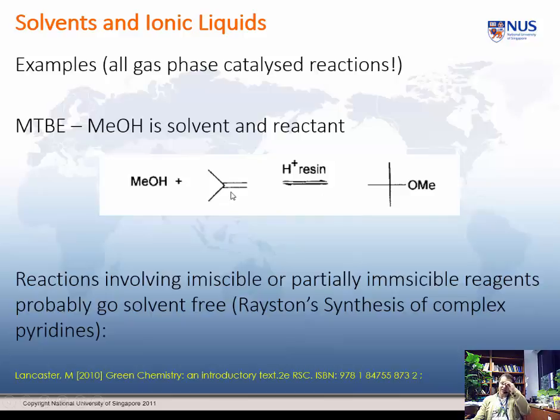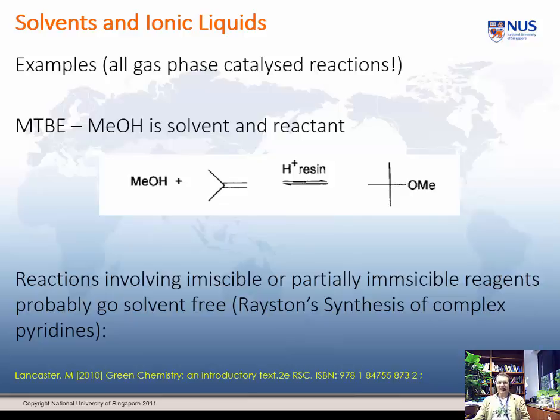If you use methyl propene with methanol over ion exchange resin, an acid ion exchange resin, actually you can make this with no solvent at all. Well, methanol is the solvent, but it's also a reactant, so you just keep moving it around. So, there you go. Using a gas phase catalyzed process, you can very largely remove solvents in a great number of really quite basic and important product manufacturers.